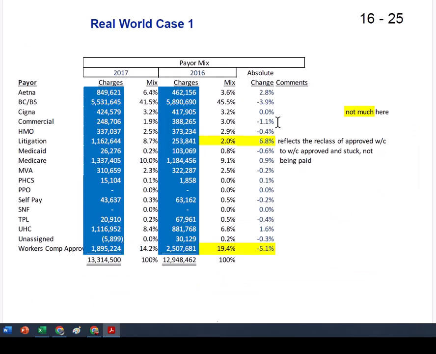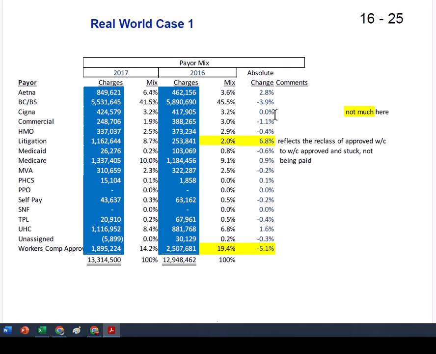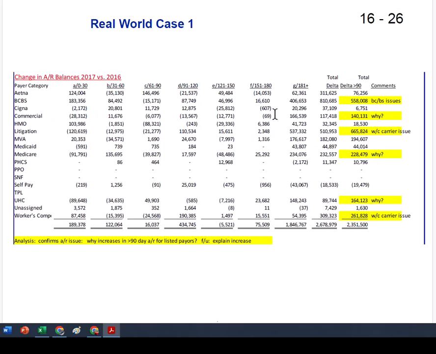Payer mix. If we saw more rate issues, we would look at denials. But generally, with denials, I looked at those every month with my revenue cycle manager, and rarely were they a big issue for us because I'm such a fanatic about that.